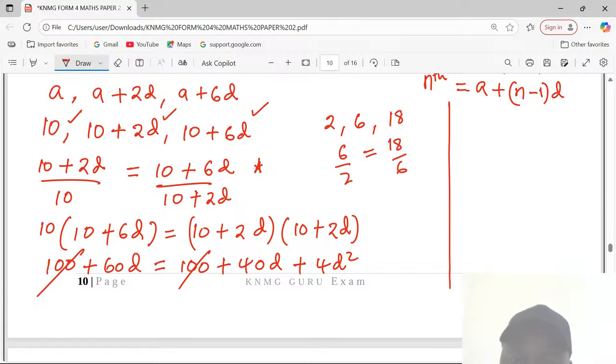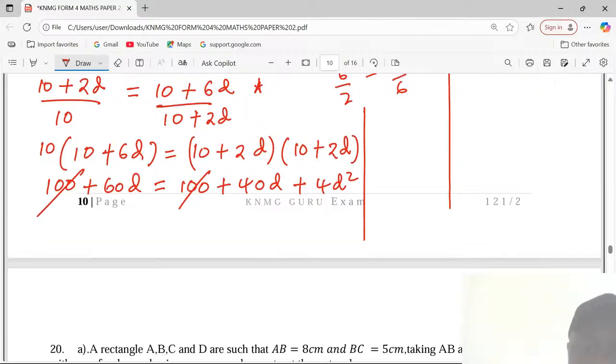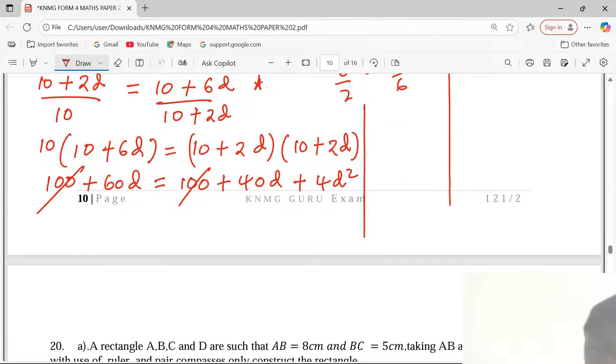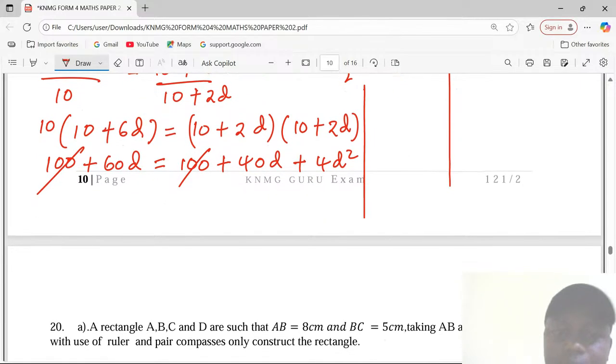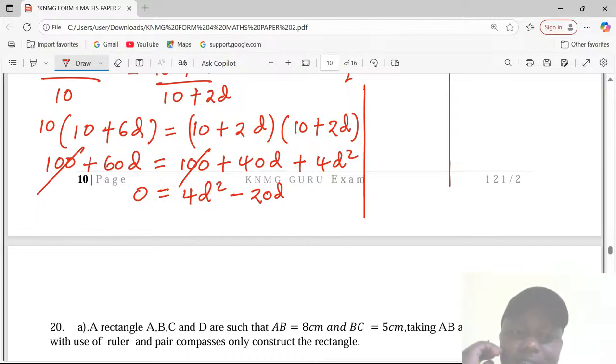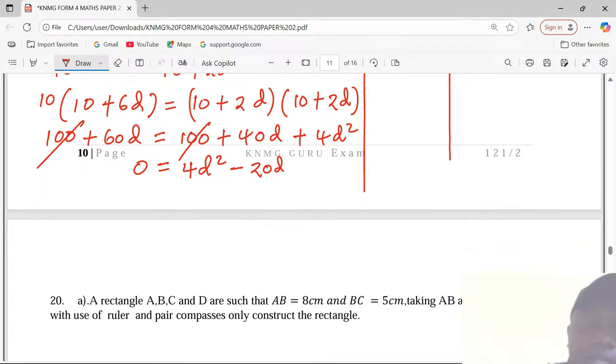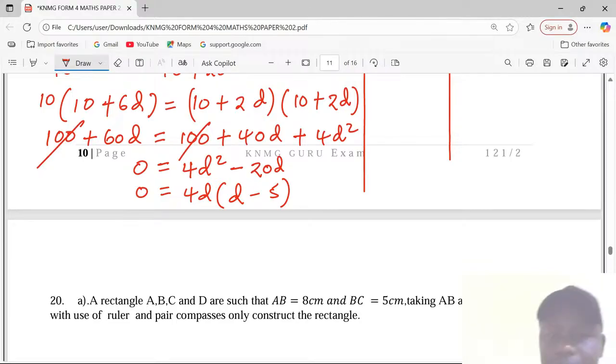Now, when we talk about 60 and 40, this can easily become 20. Or we say we have 4d squared minus 20d. Then we remain with a 0 at this point. 40 minus 60 is a negative 20. So we can factor out something common, and that is 4d, to remain with d minus 5 equals to 0.